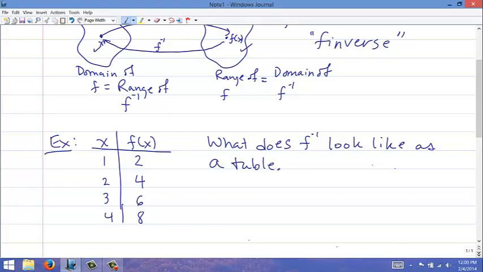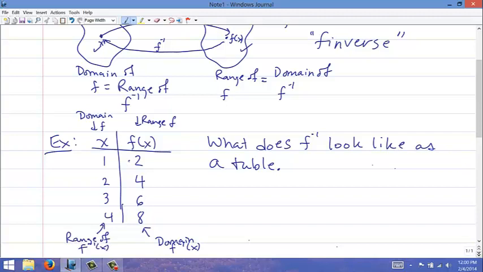So remember, this first column is the domain for f, and this second column is the range for f. The inverse does the flip of those. So this second column is going to be the domain for f inverse, and this first column is going to be the range of f inverse of x.